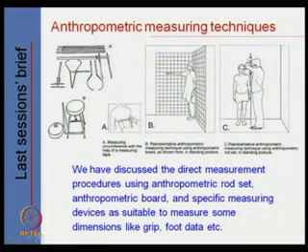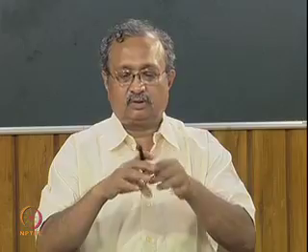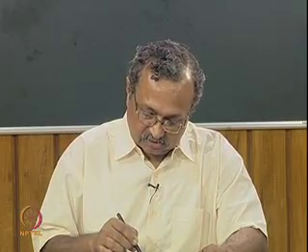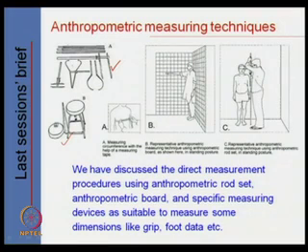In the last class we mentioned the basic anthropometric techniques using the anthropometric rod set and other equipment like height adjustable stools, body weight, and a cone for grip diameter, and measuring circumferences with the help of an inextensible or non-elastic measuring tape, and using different grids, that is, anthropometric measuring boards that can be developed.